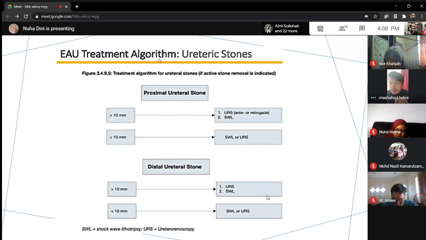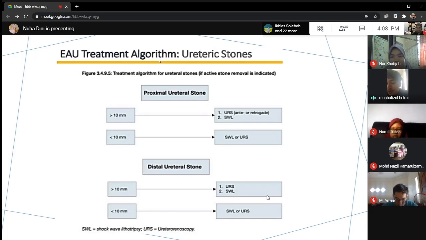Next. This is an algorithm for managing ureteric stones, extracted from the EAU guideline 2019. For a ureteral stone, we divide it by location: is it a proximal ureteral stone or a distal ureteral stone?